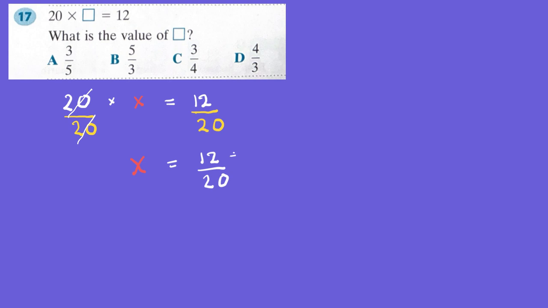Divide the top by 2 and divide the bottom by 2. And we're left with 6 over 10. All right, we can still divide it once again by 2. And we can divide the bottom by 2 again. And you're left with 3/5. Now 3/5 is there. So we are ready to highlight 3/5 as A.